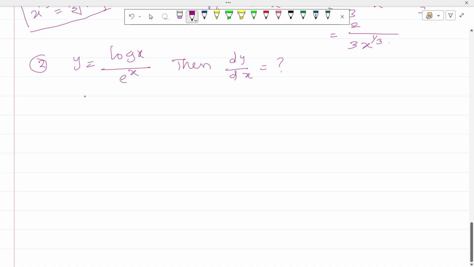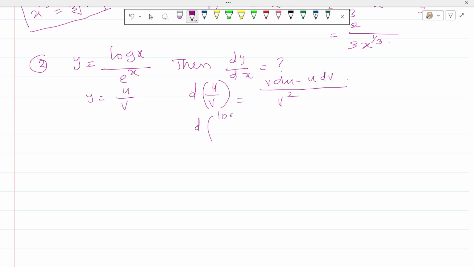So here it is in the format of u by v. The u by v model: d of u by v equal to v square in the denominator, then v du minus u dv. That means y equal to log x by e power x, so that is equal to e power x whole square in the denominator. So the denominator is v here.